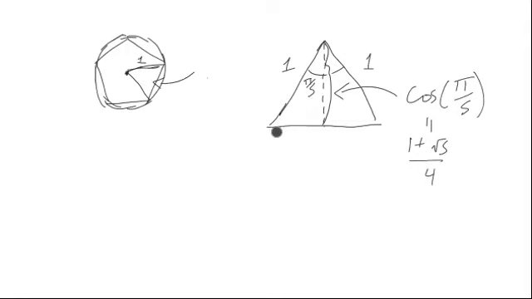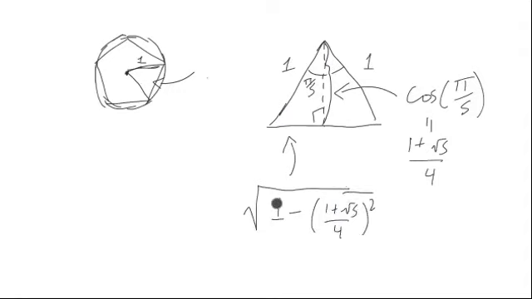Now, we can use the Pythagorean theorem here since this is a right angle, and that's a 1. To compute this, this is going to be the square root of 1 minus this thing squared. This is just one half the base of this whole triangle.